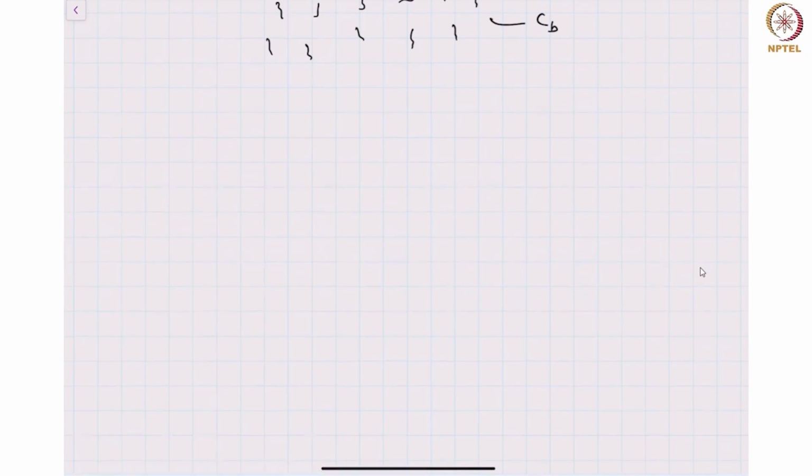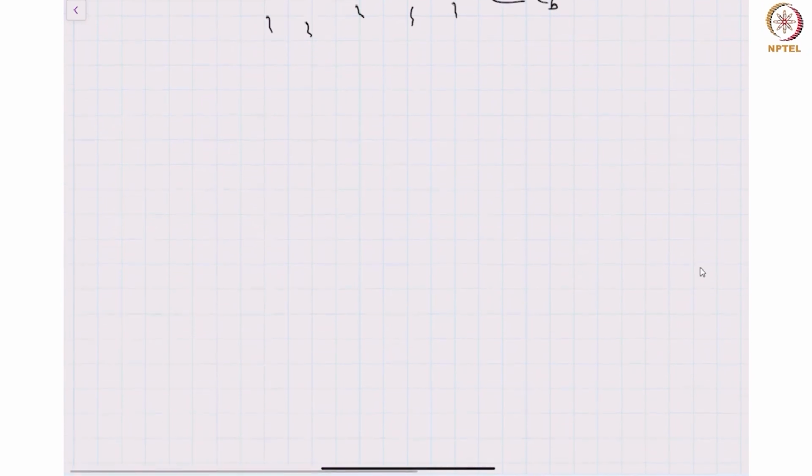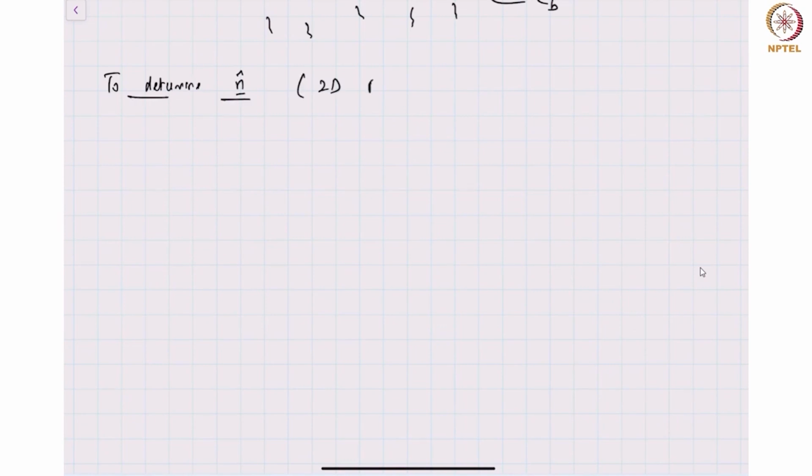There are several ways to do this, but let's consider a simple two-dimensional example. We will be looking at examples of this kind, so it's useful to quickly understand how we determine n.